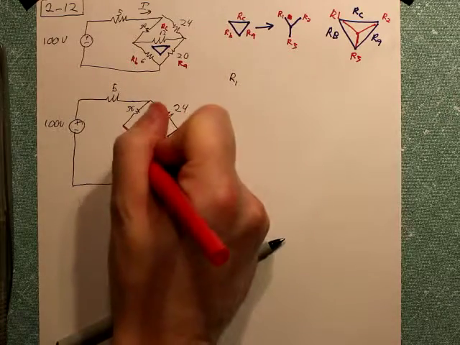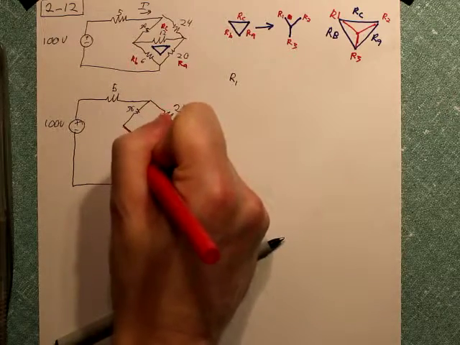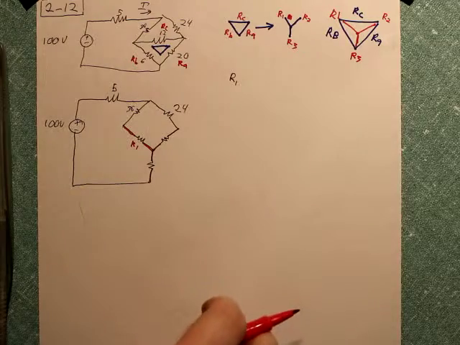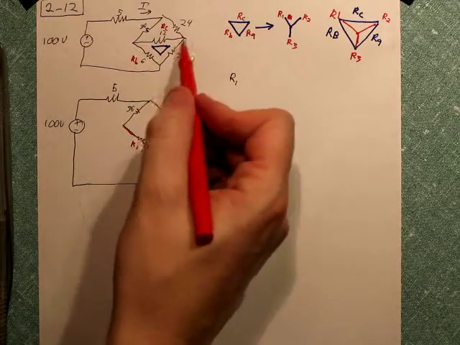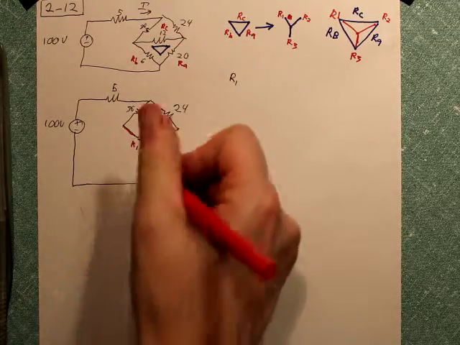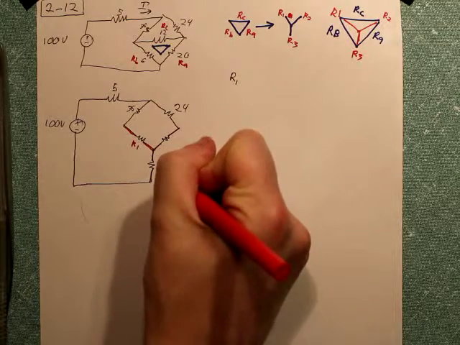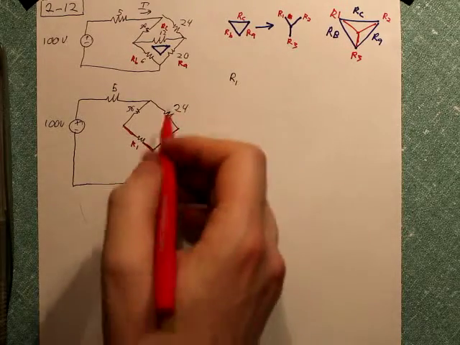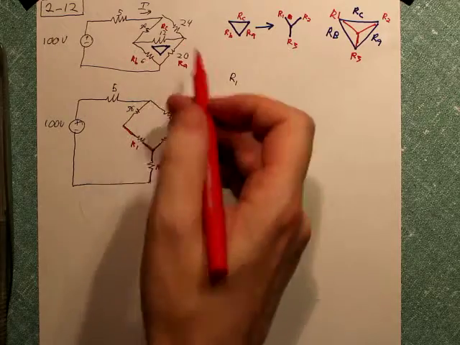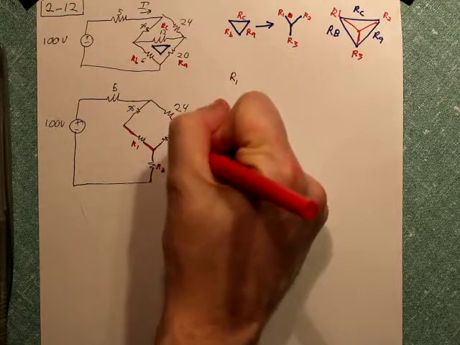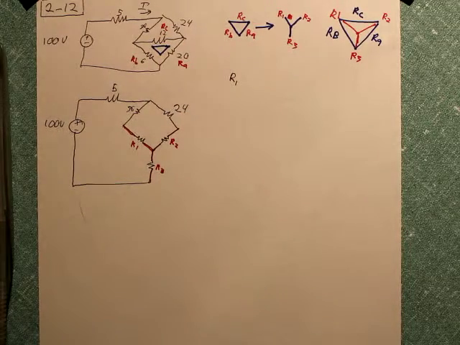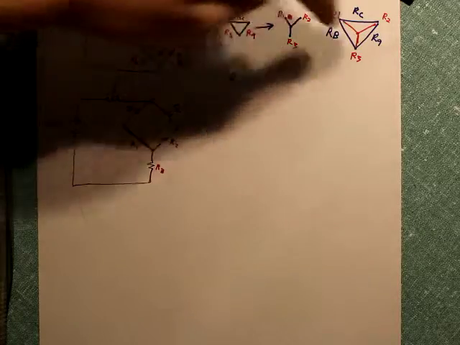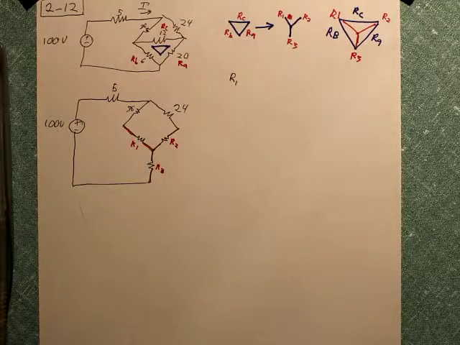R1, and that's going to be this resistor right here, R1. The opposite of RC is 3, so this is going to be R3. The opposite of RB equals R2. So that's how we order them. And again, I'm just following that same opposites rule that I made before.